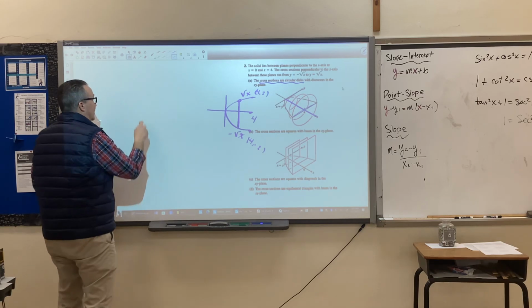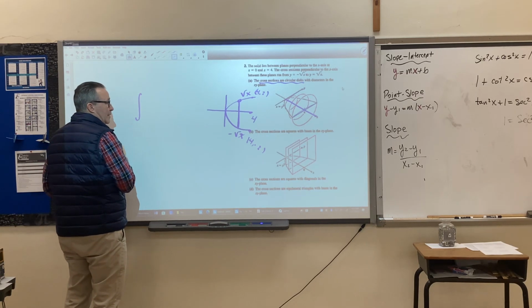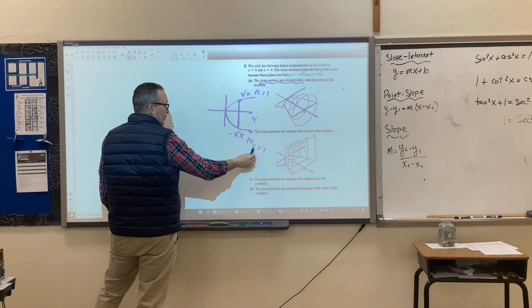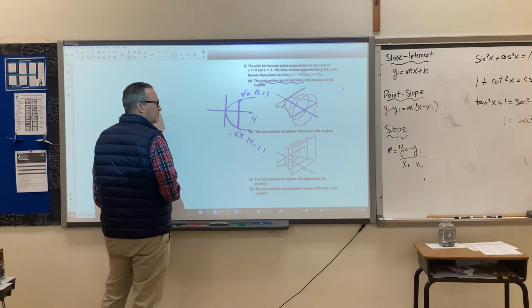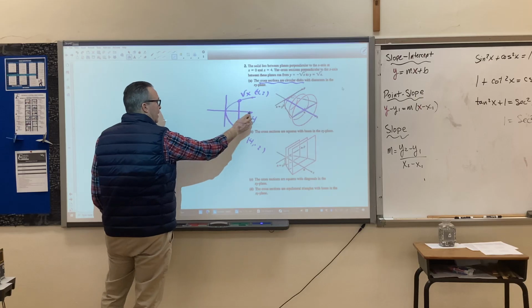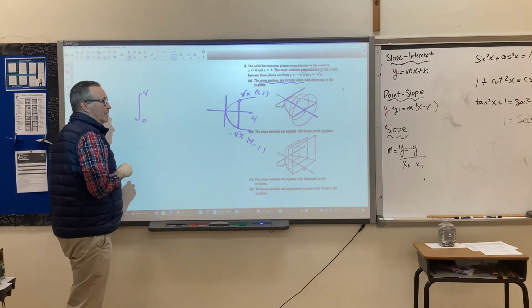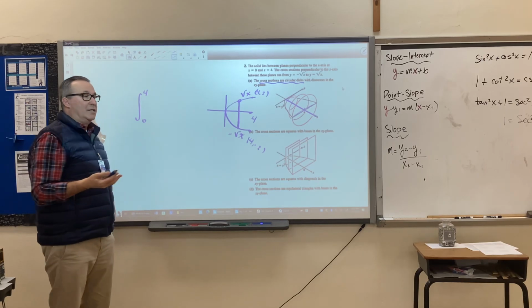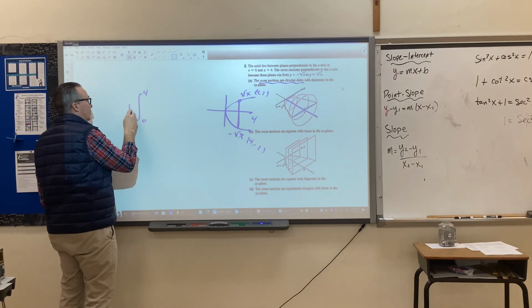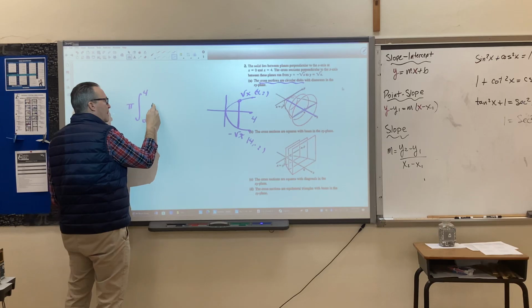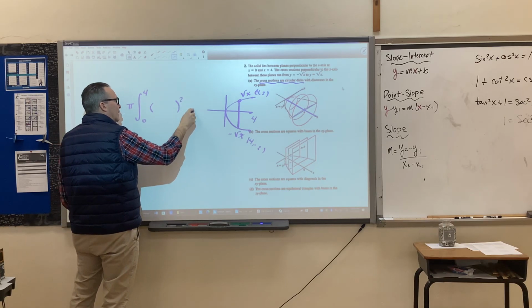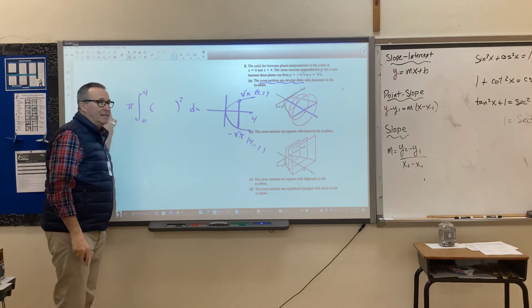Well, we know we're going to integrate from the x value of 0 to the x value of 4. We're going to integrate the area of the cross section, which is pi r squared, dx.